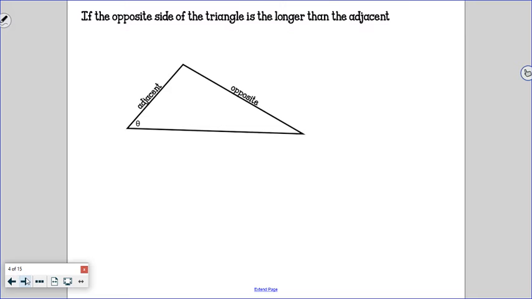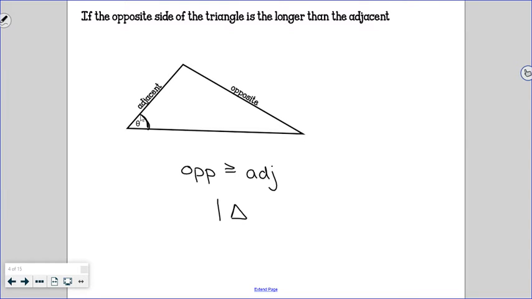Now, if I look at the numbers they give me more closely, comparing the side lengths, comparing the adjacent side to the opposite side, and again, letters don't matter on this. It's where our angle is and what's across from it would be considered opposite. The other one would have to be adjacent to it. And if I were to compare those two, if the opposite side is longer than, or as it turns out actually, equal to our adjacent side, we can only have one triangle.